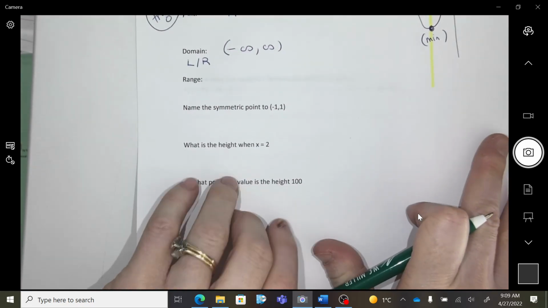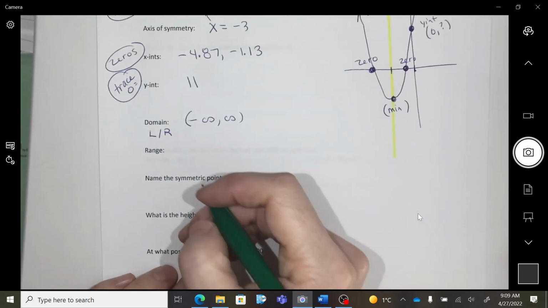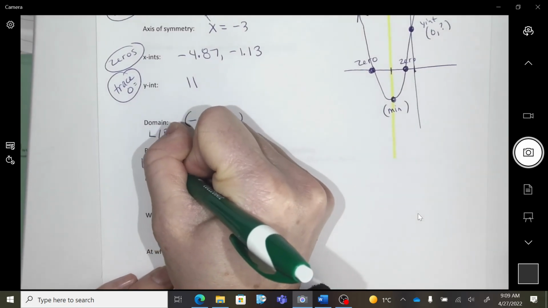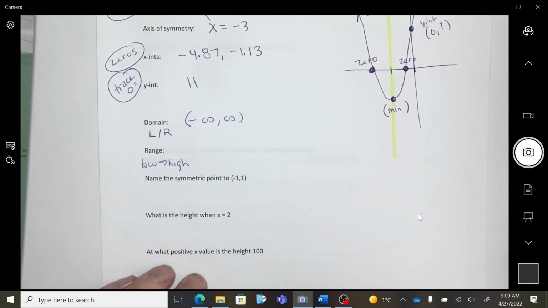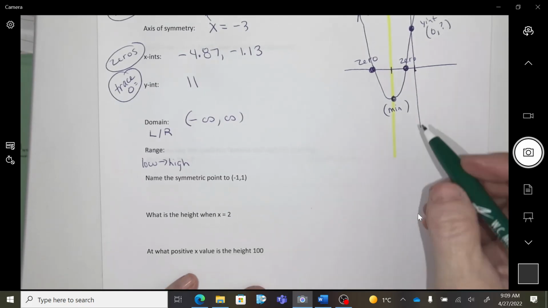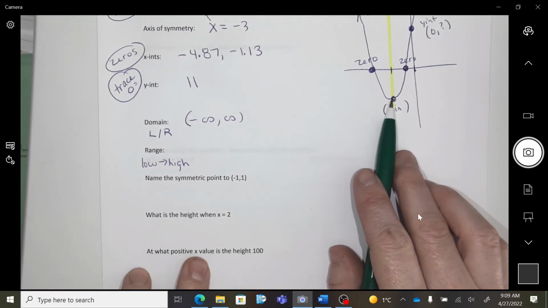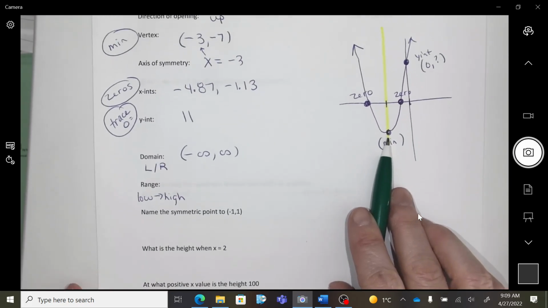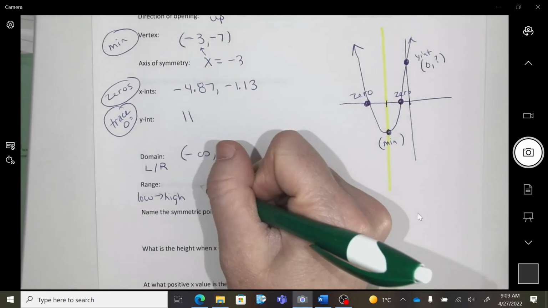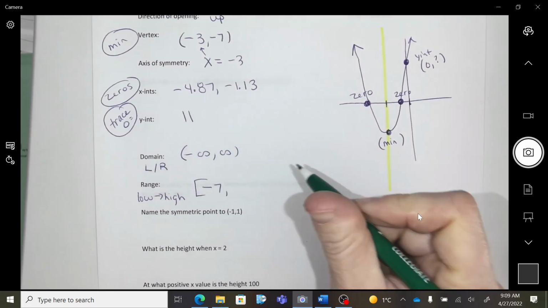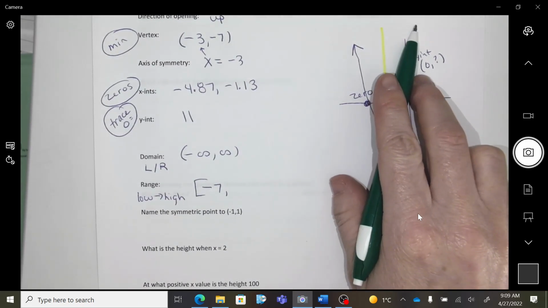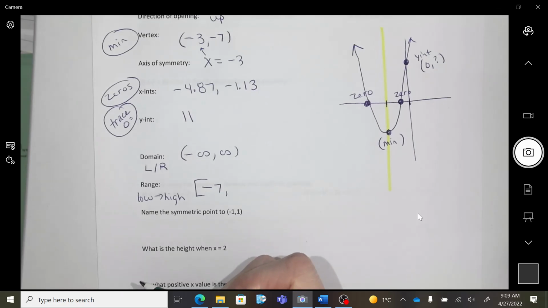The range, so what's the low to high? So what's the lowest height? So we're here. This is the lowest height, which was -7. And then when we go up the graph, it keeps going, going, going.